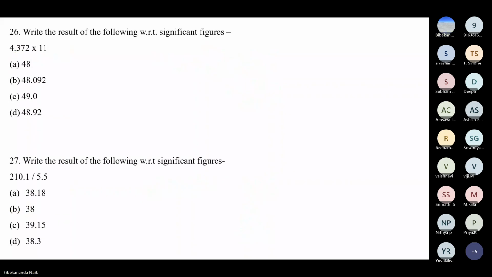Then the next question says write the result of the following with respect to significant figures. Here the question is 4.372 into 11. Can anyone tell me what will be the result of this multiplication with respect to significant figures? 4.372 into 11.